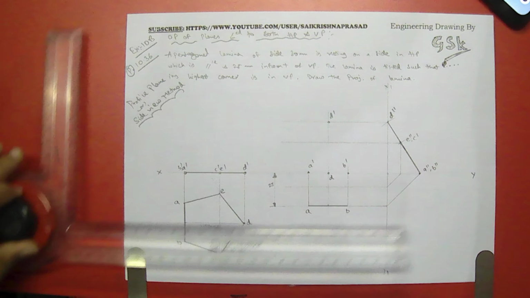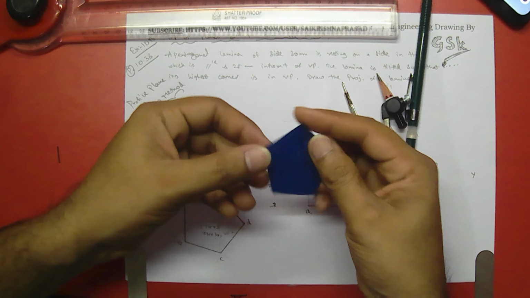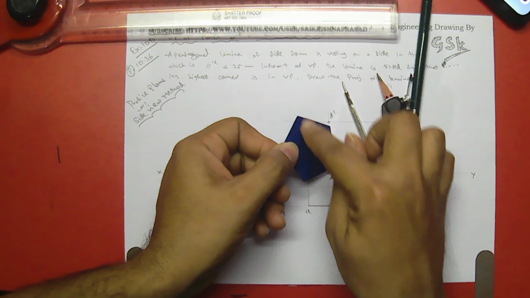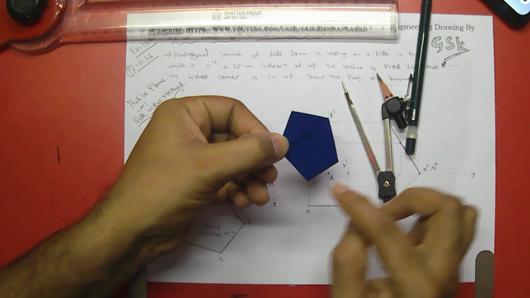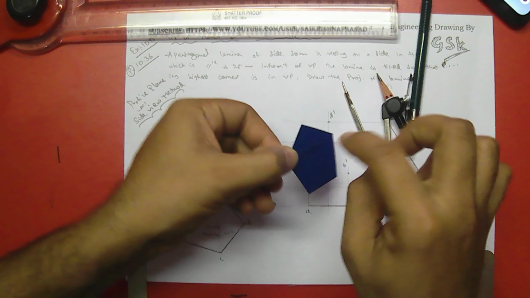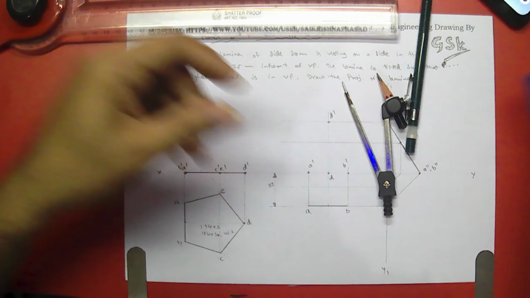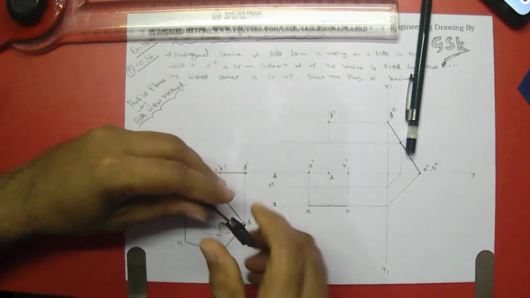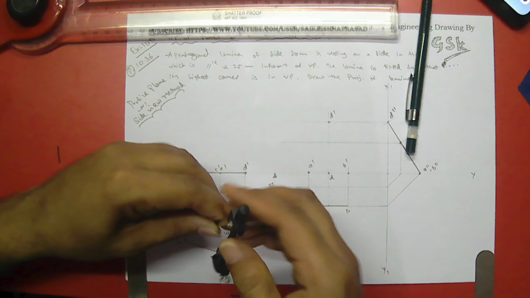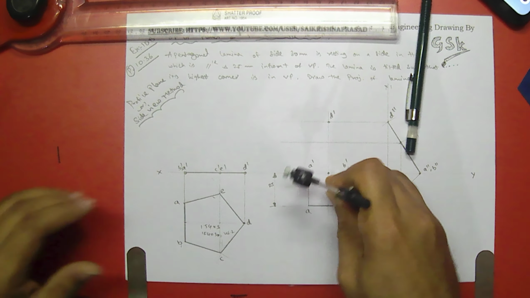Now the rest is EC. Where to locate it? When you are looking from top, the AB distance won't change and the EC distance also won't change. Even though it is like this or like this, it won't change. So I'll measure this, and keep it here.